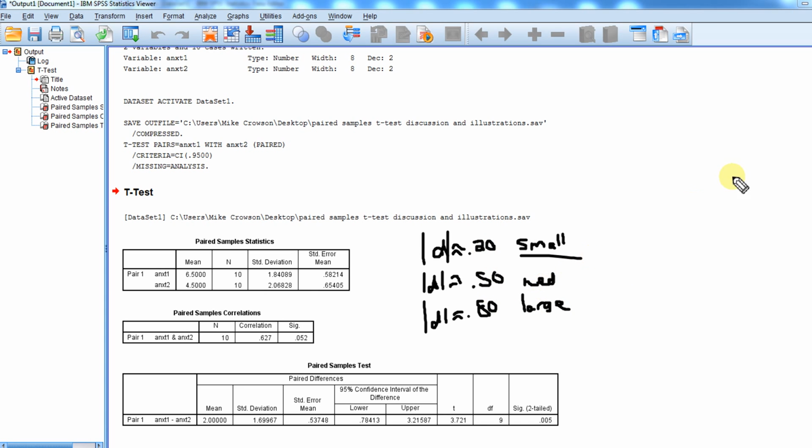In our study, our effect size was 1.177, which we would interpret as a large effect. That concludes this side discussion on Cohen's d as it pertains to the paired samples t-test.